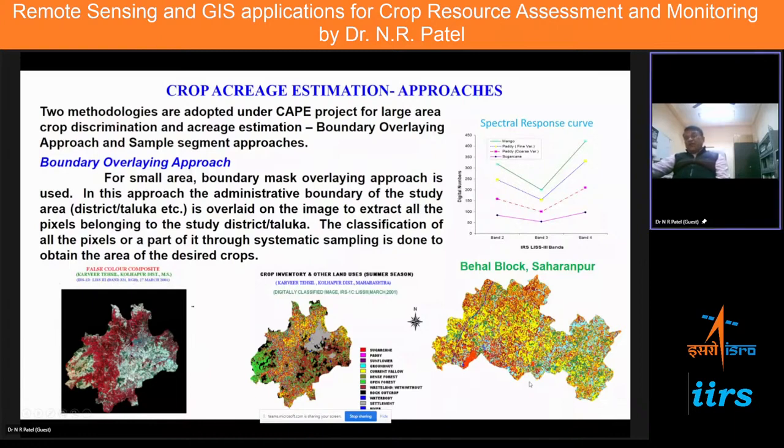Similarly, in one part of Saharanpur district, near Dehradun, we were able to classify even two varieties, Basmati and the old traditional variety, Sarbati. Now the question arises in your mind: can this kind of data help to discriminate different varieties? The answer is no, because it is a unique signature only possible in this one block.